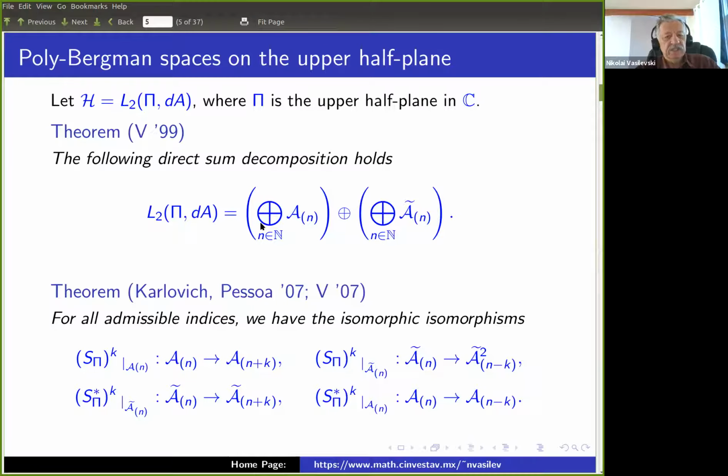Moreover, these true polyanalytic and true anti-analytic functions can be moved one to each other using powers of this two-dimensional singular integral operator.